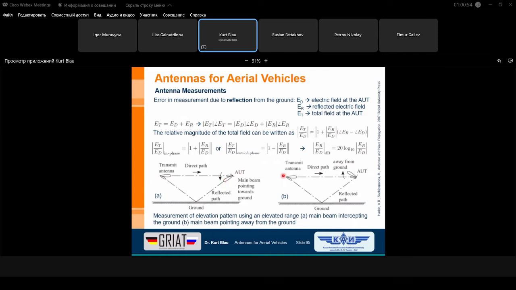And here, if the antenna is turned in such a way in comparison to this scenario, then we can have here, as you can see, a 0 in our pattern, which means that the reflected path has no influence on our measurement results regarding the pattern. And then here we can measure exactly over the direct path in this small angle range, we can measure the side lobe.